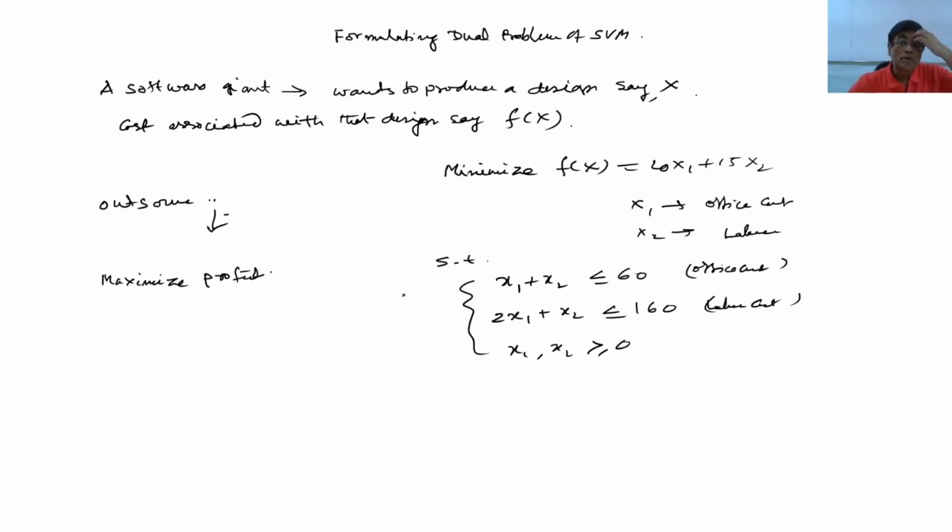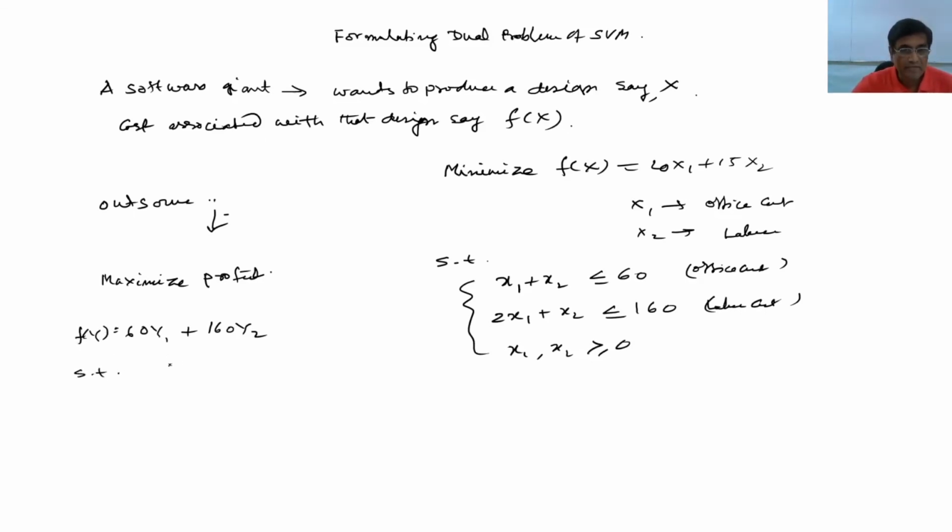So the outsourced company's objective will be to maximize profit, say 60 y1 plus 160 y2. This is the maximize profit, okay? So this is say f of y, also subject to constraint.